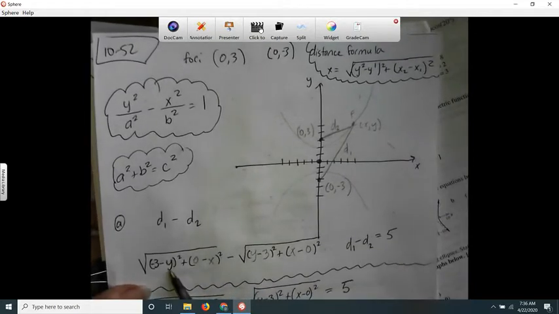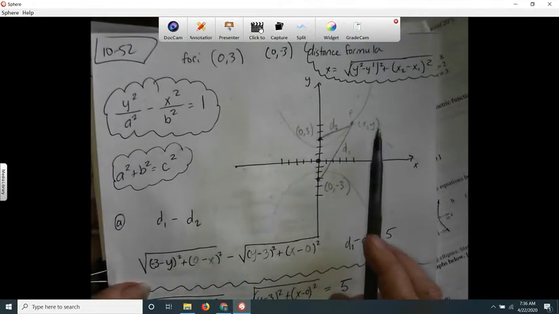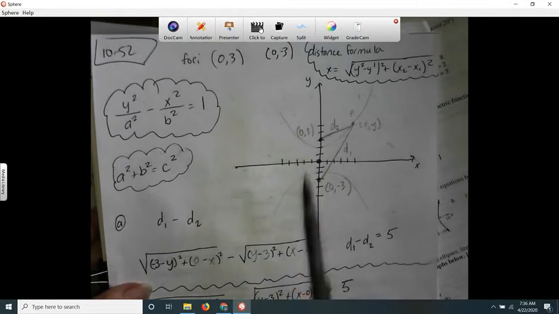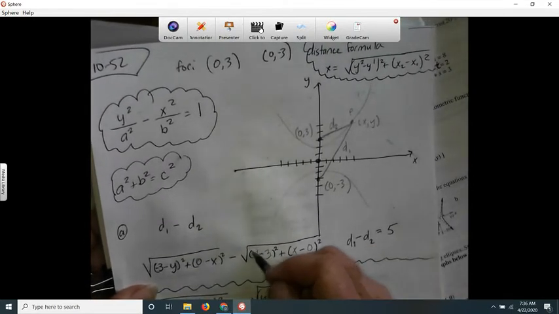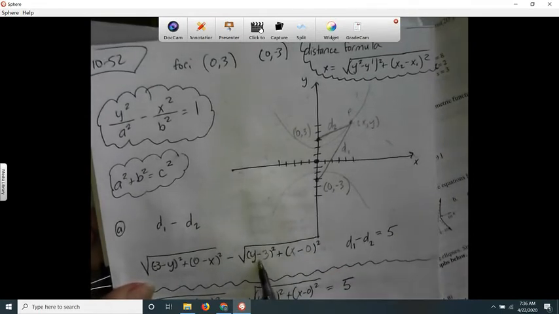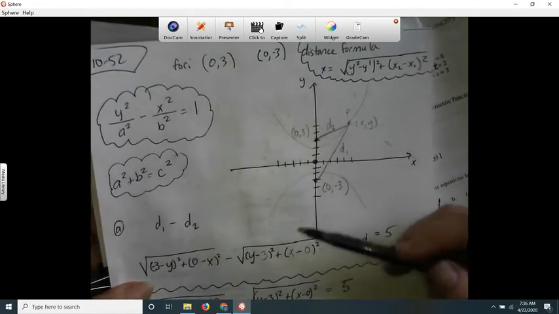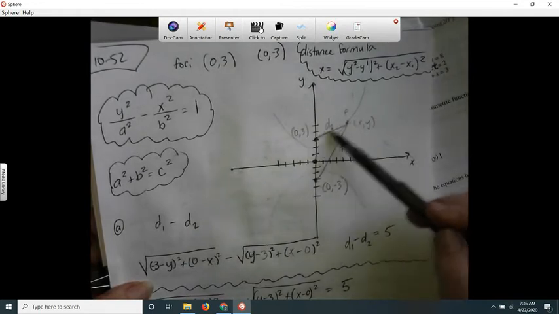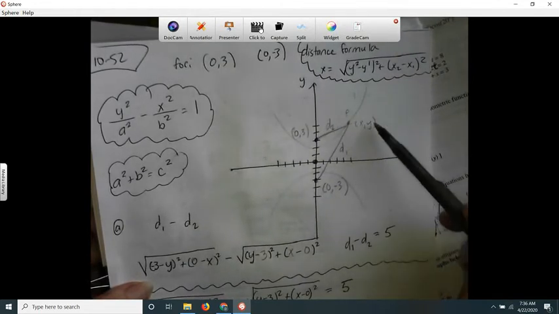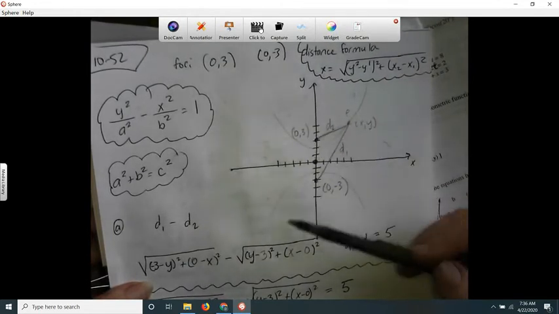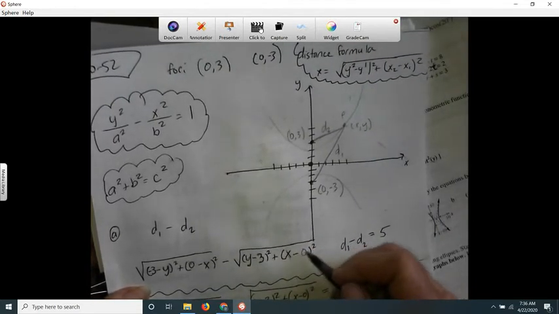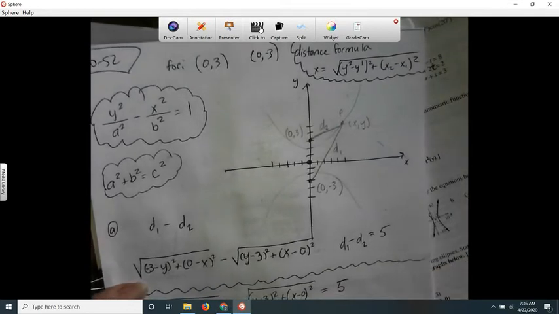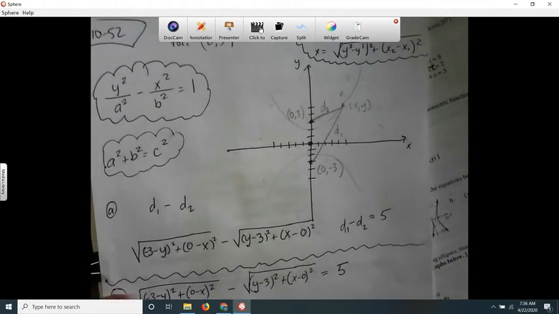See, there's my -3 and my y. This one is this little distance right here, so it's y2 minus y1 and x2 minus x1.